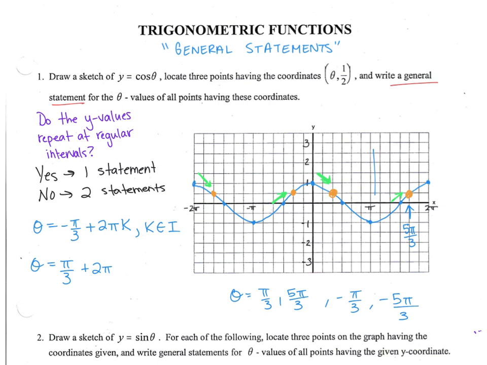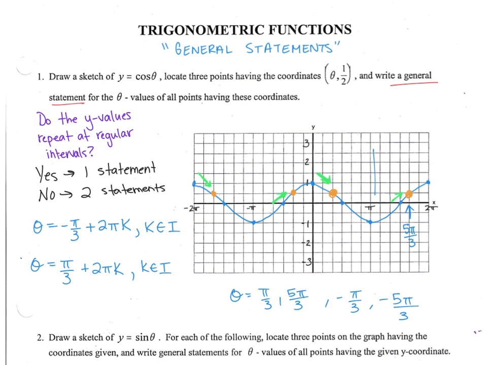But since I'm writing a general statement for any number of cycles, so any number of rotations, positive or negative, I'm going to include my k. And in order to make sure that it rotates a full 2 pi, I need to ensure that k is an integer.